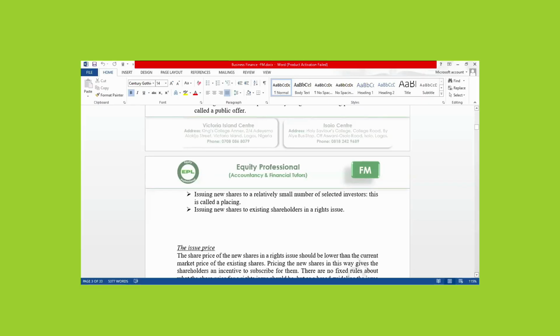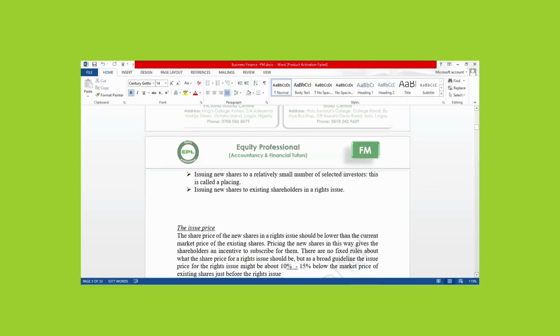Rights issue is issuing new shares to existing shareholders at a subsidized price, at a reduced price, so that we can generate additional funds from the existing owners. We discussed this last week.